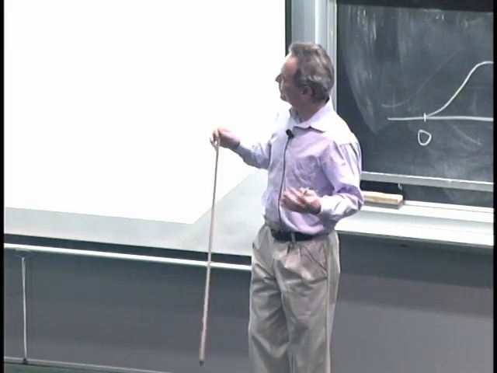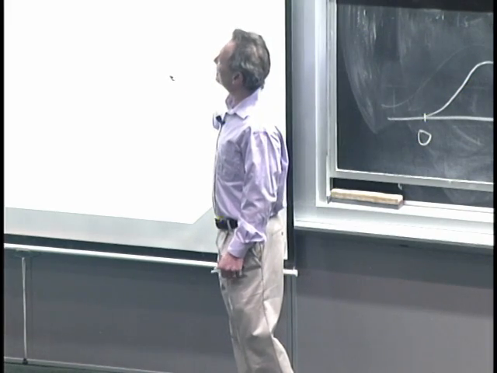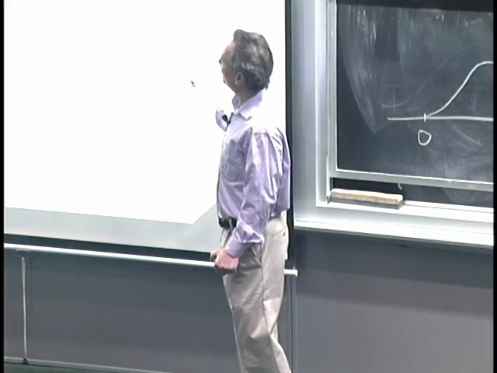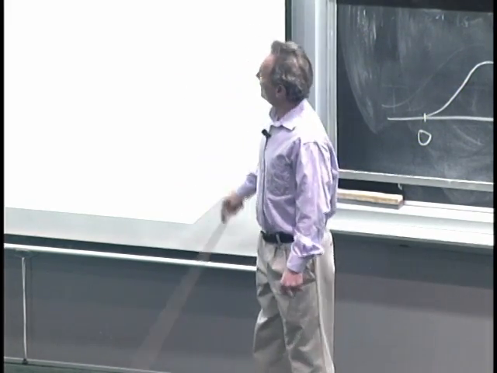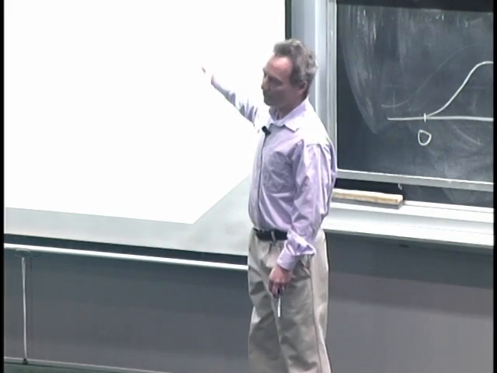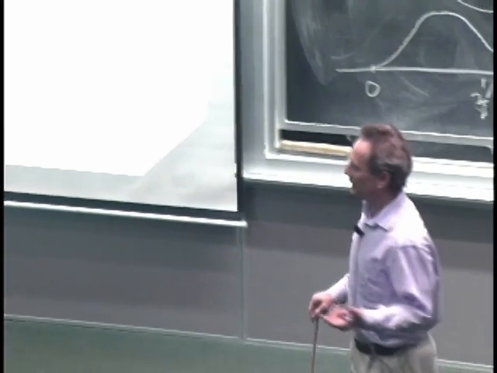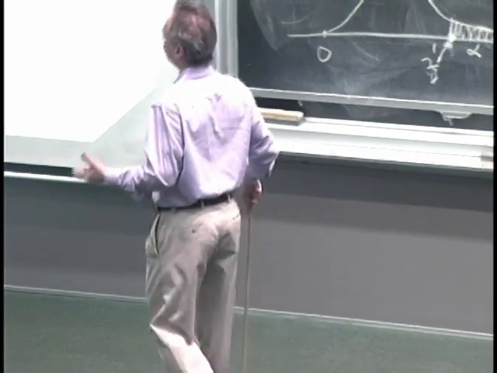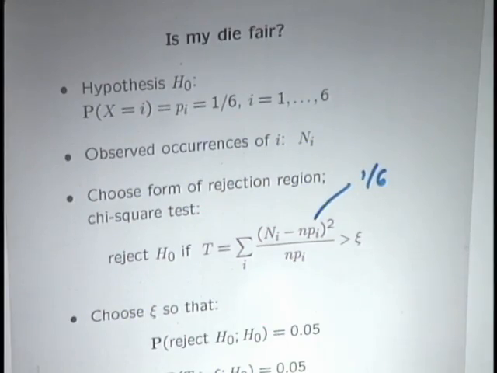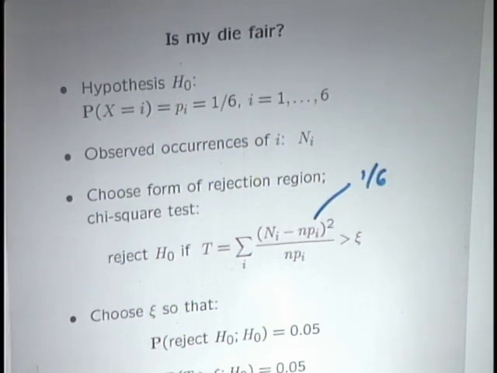Of course, there's randomness, so I do not expect to get exactly that number, but I can ask how far away from the expected values I was. If my capital N_i's turn out to be very different from n/6, this is evidence that my die is not fair. If those numbers turn out to be close to n times 1/6, then I'm going to say there's no evidence that would lead me to reject this hypothesis, so this hypothesis remains alive.